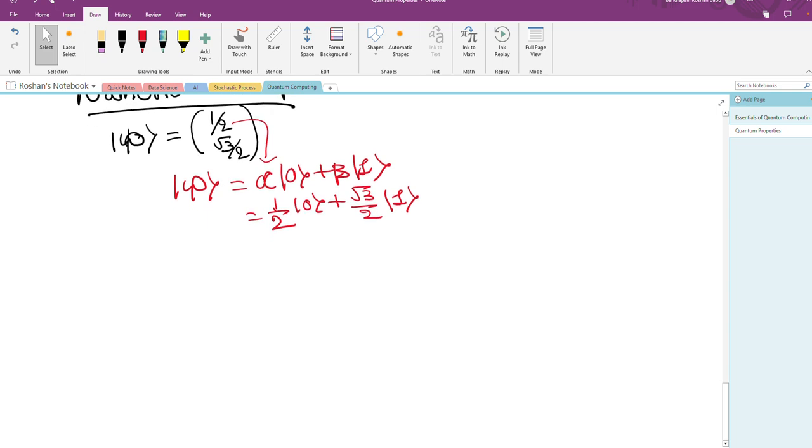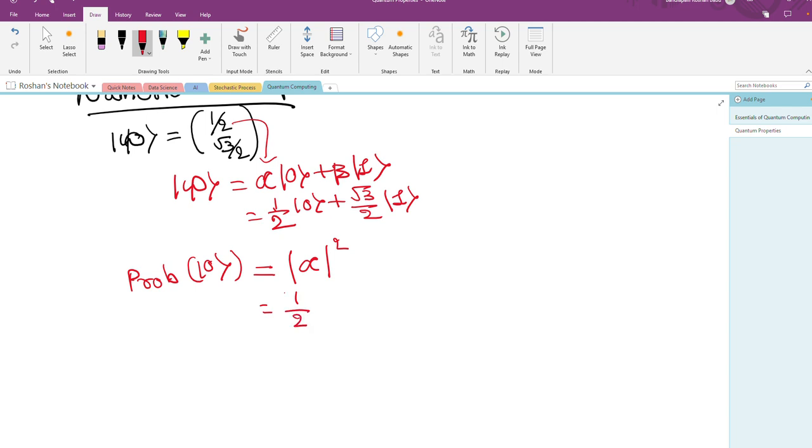Now the probability of getting the ground state is mod alpha square. So what is alpha? 1 by 2. So 1 by 2 squared will be 1 by 4.